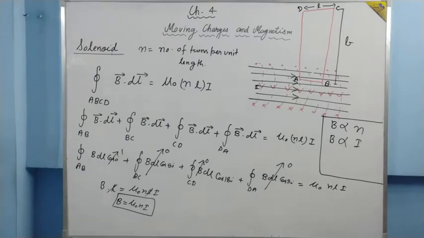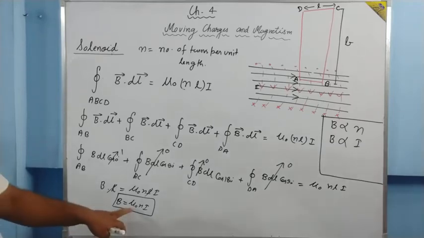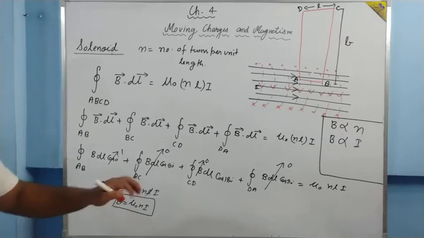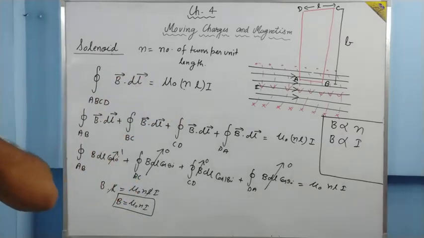These two factors are told in class 10th also, but from where they came, this is the derivation. One more thing: if the material inside the solenoid is not vacuum, then in place of mu naught you have to put the permeability of that medium. So this is about the solenoid.